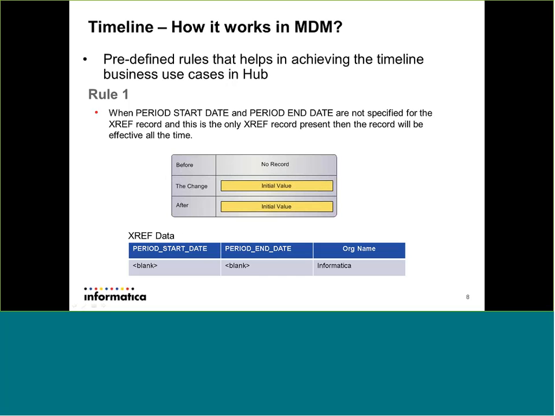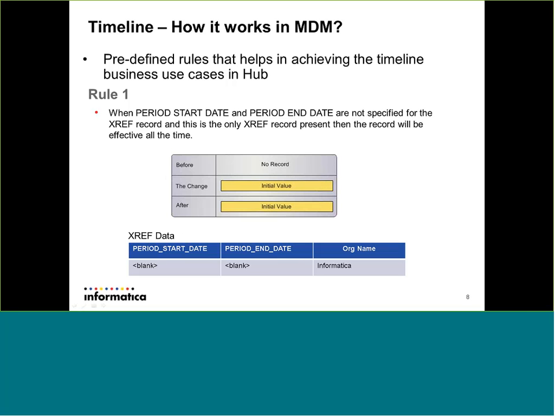It is good to have the versioning concept also available with MDM. So to have this functionality implemented in MDM, they came up with some rules which will help them to understand how the application works if the data is like this.